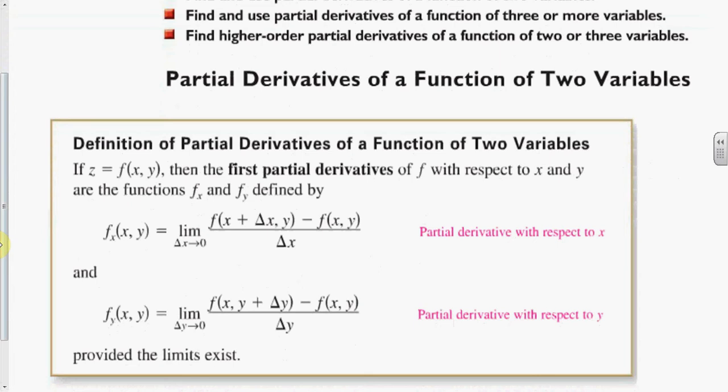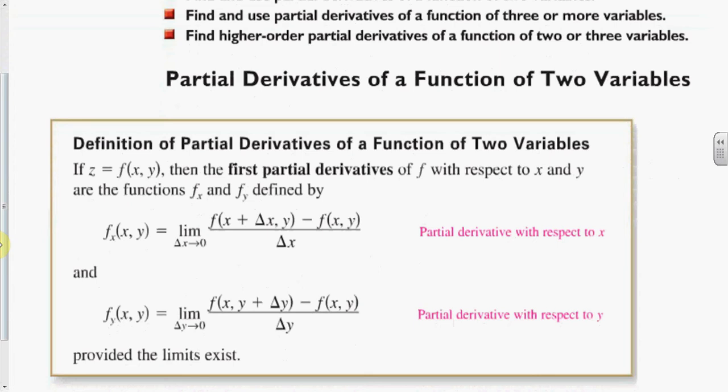It takes the limit of the function, but it looks at the change of x, and it treats y as a constant or coefficient. So y is fixed. We look at the change of f with respect to x, and then it's a ratio divided by the change of x itself.